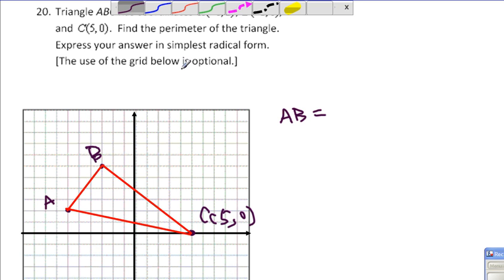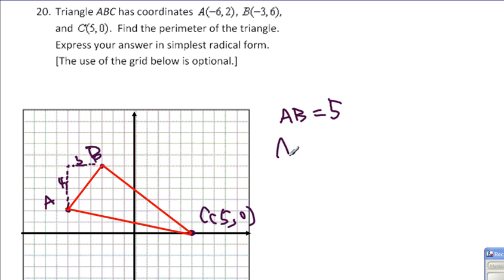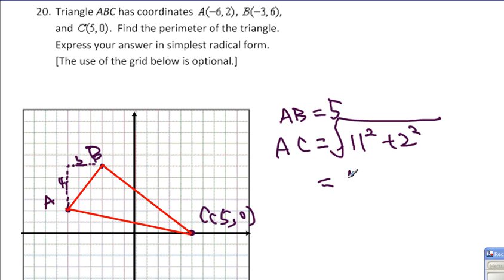So then here we have this portion is 3, this portion is 4, so therefore we realize AB is equal to 5. How about the other side? AC must be 11 and then 2, so square root of 11 squared plus 2 squared, which should be equal to 5 square root of 5, since this one is equal to square root of 125.